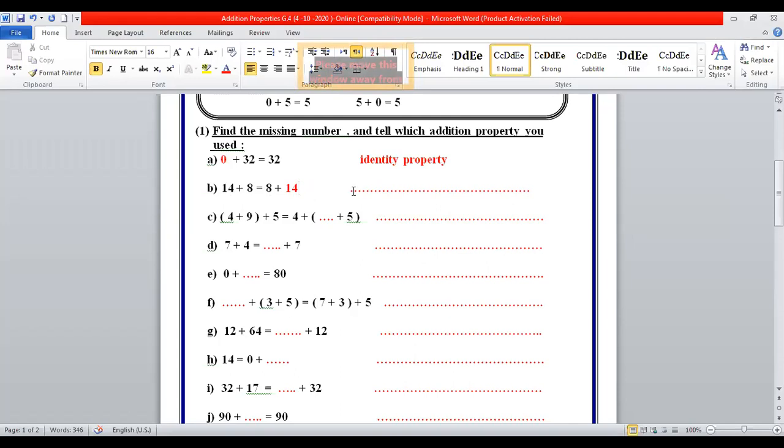Here we change the order. Commutative property.